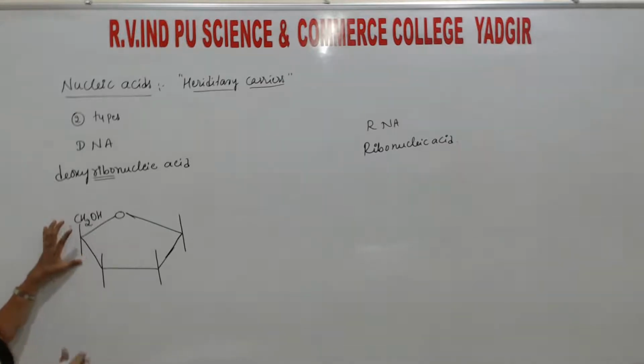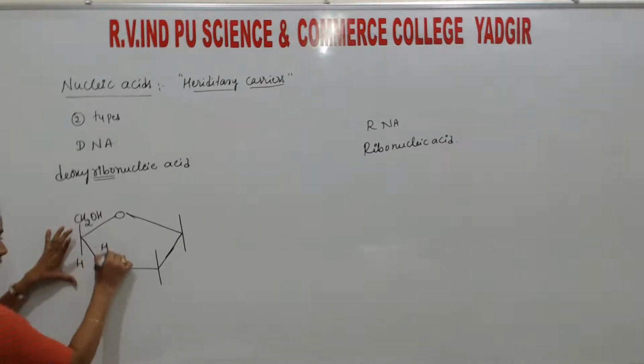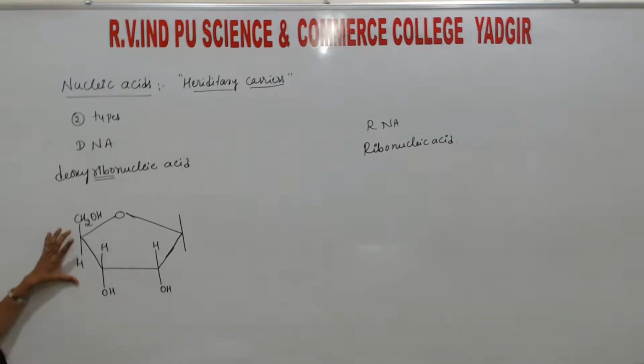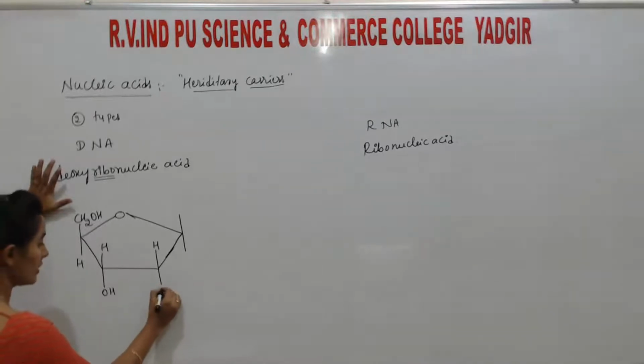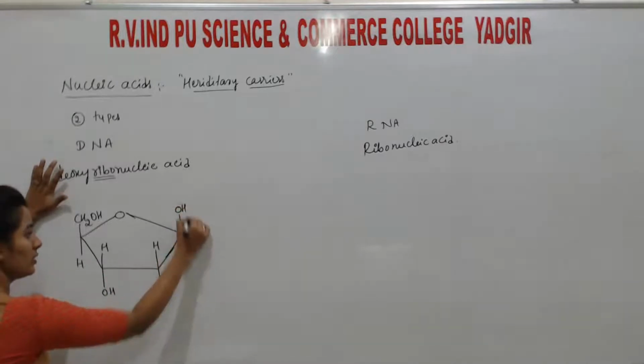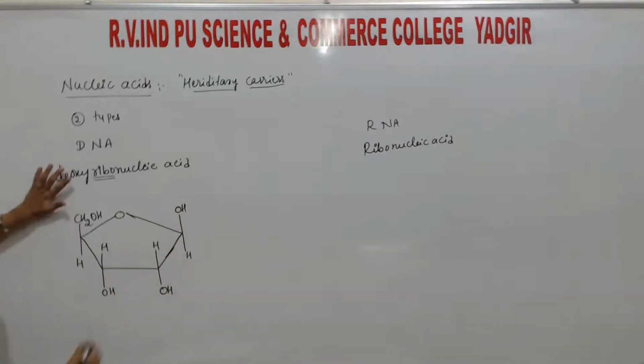Okay, so this one is H, this one is H, this one is OH, this one is H, this one is OH. Okay, initially I will write the complete structure. Later I will show you. This is OH, H. OH is beta, D-ribose.